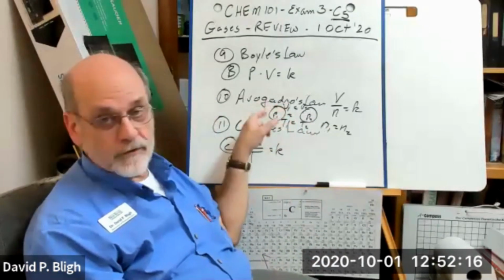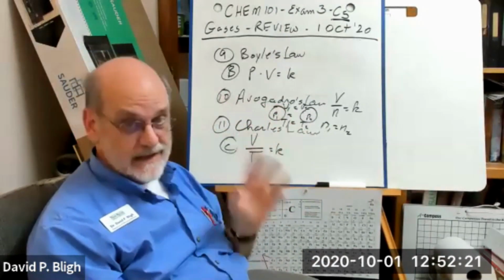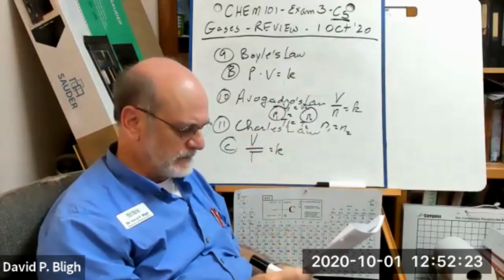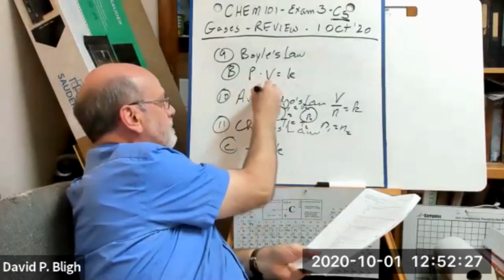If all of these other three are equal, then the moles of each container has to be equal. And that's what A says.